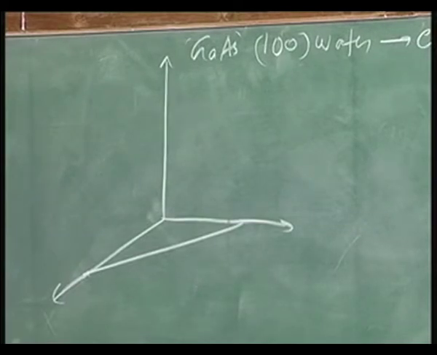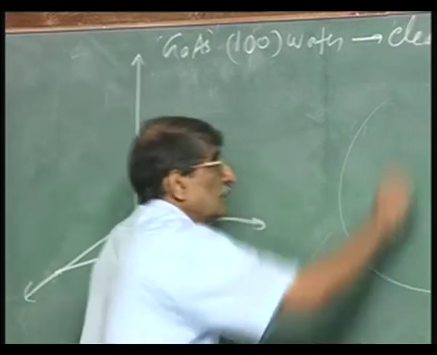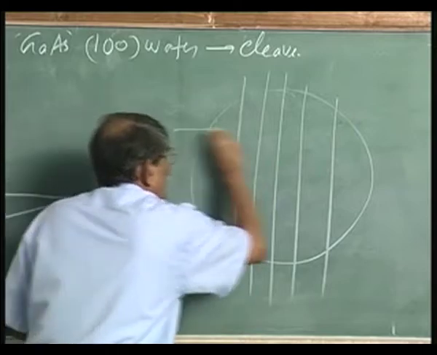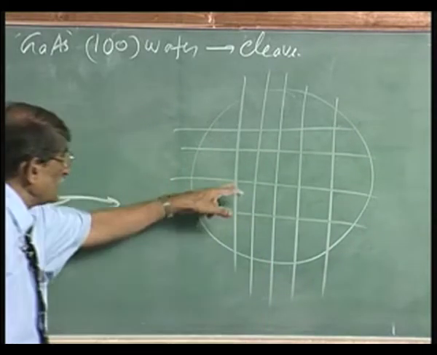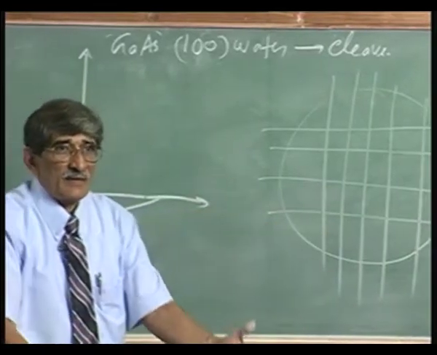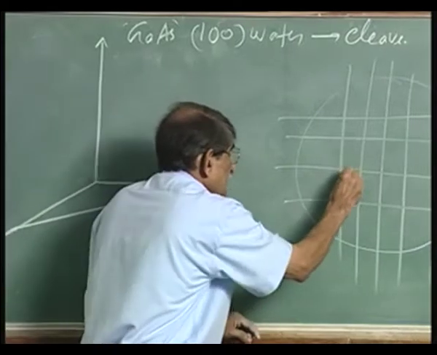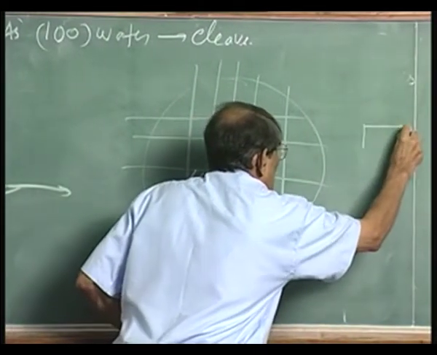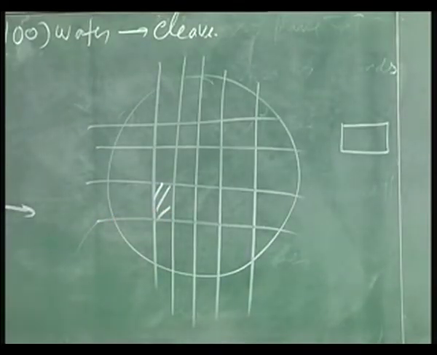I draw a line, I take a wafer, scribe like this, each one is a chip in the scribe and cleave. In the case of a silicon device, this is the one which you take out, that will be like that on the top, but if you see the edge, it will be cleaved.